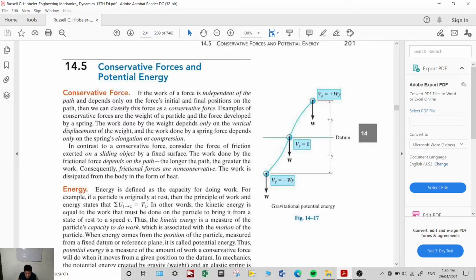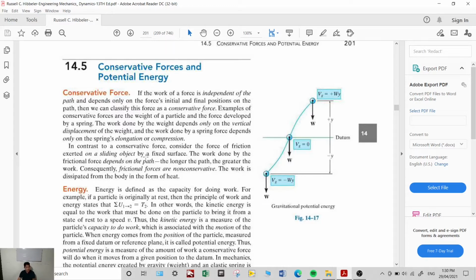Another example is the work done by a spring, or the force developed by a spring. The work done by a spring depends only on the spring's elongation or compression, on the length to which it is elongated or compressed.